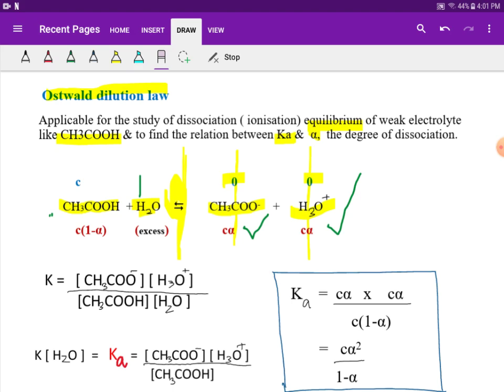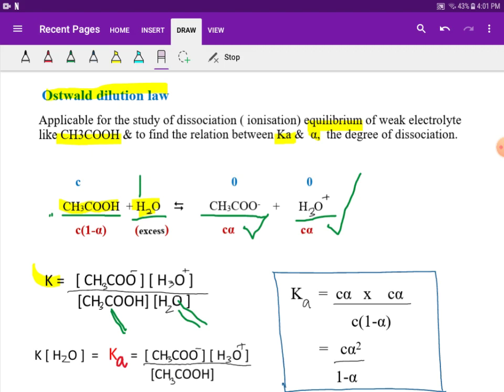Applying the law of mass action to this ionic equilibrium, we have the ionization constant K equal to the concentration of acetate ion at equilibrium and the concentration of hydronium ion at equilibrium divided by the concentration of unionized acetic acid molecule at equilibrium into the concentration of water.